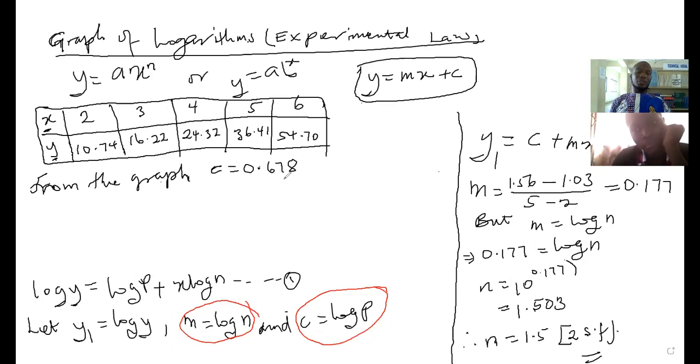Great. So that is from the graph. That is our C. But we know that C equals log P, right? Yes. And now we know C to be 0.678, and that should be equal to log P.